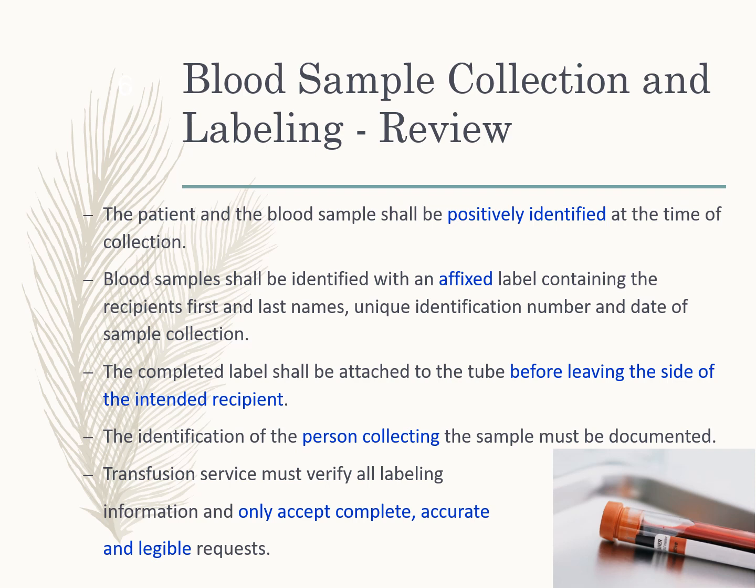The person collecting the blood must also date, initial, and put the time that the blood was drawn. And when the transfusion service receives that sample, they need to confirm that all that information is accurate. And usually they do that by comparing it to the request form.